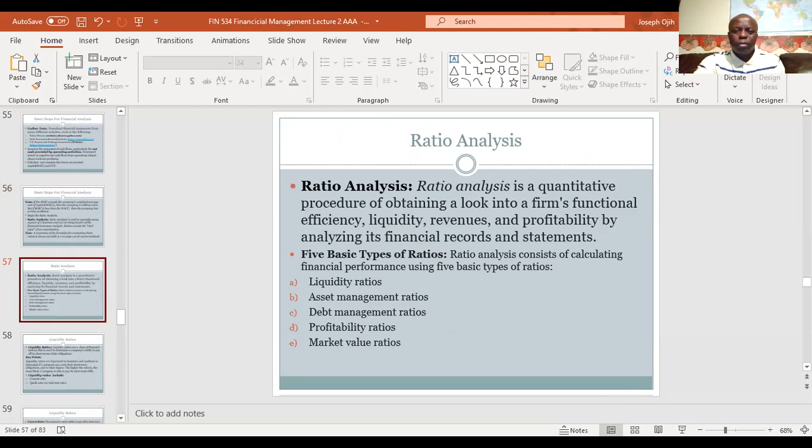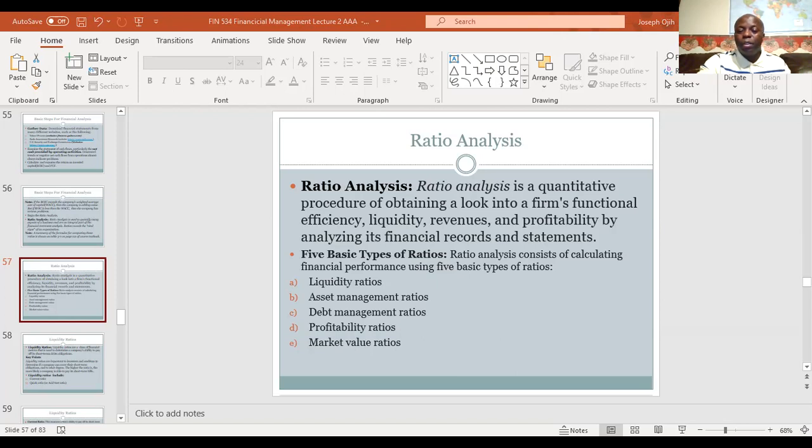So ratio analysis is a quantitative way of obtaining information about a company's functional efficiency, liquidity, revenue, and profitability by analyzing the company's financial records and statements. So that's basically what ratio analysis is about.